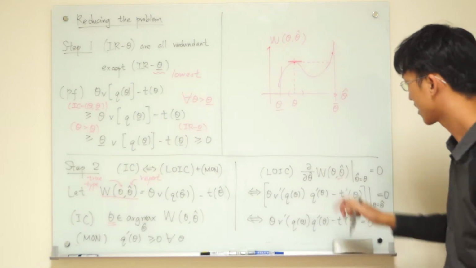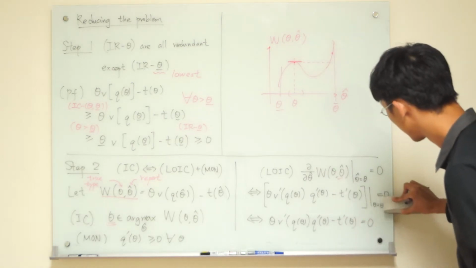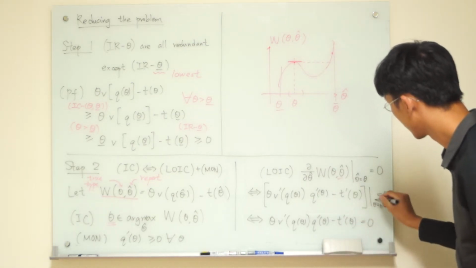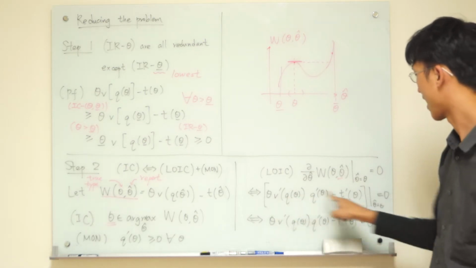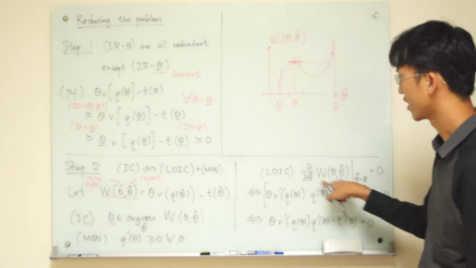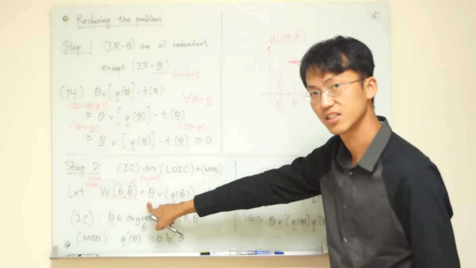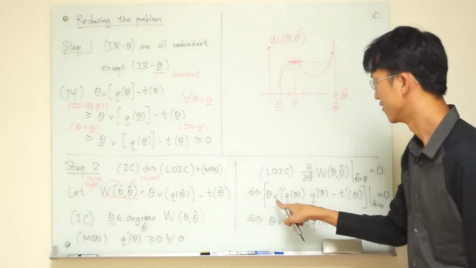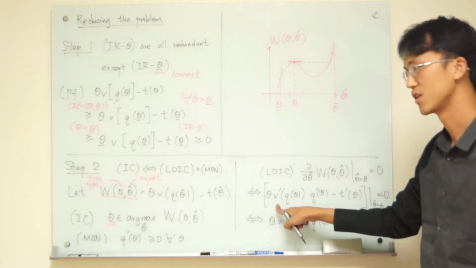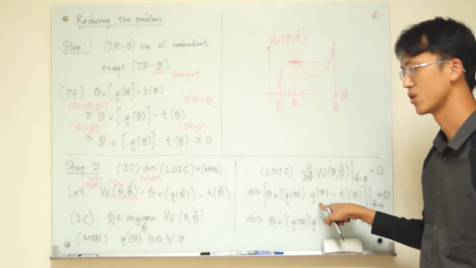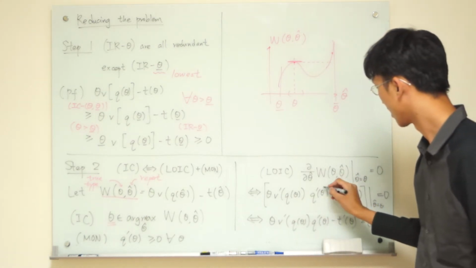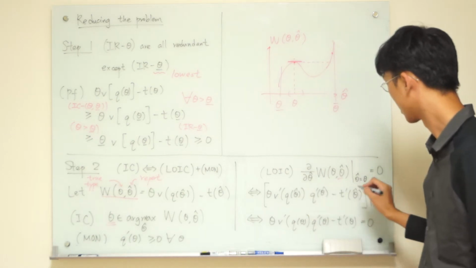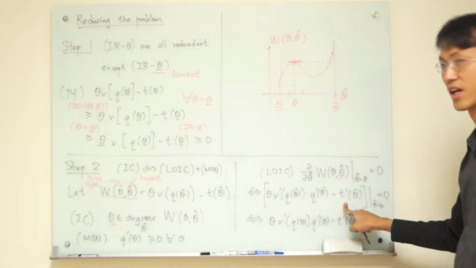In this case, I should take the first order derivative with respect to theta hat. So when I do this, theta is a constant. So first v prime, first order derivative of v, and then by the chain rule you have q prime of theta hat. Sorry, hat. And then for t you get t prime.